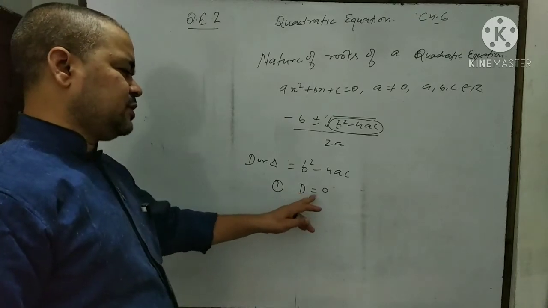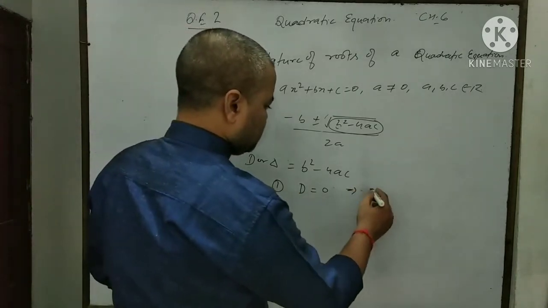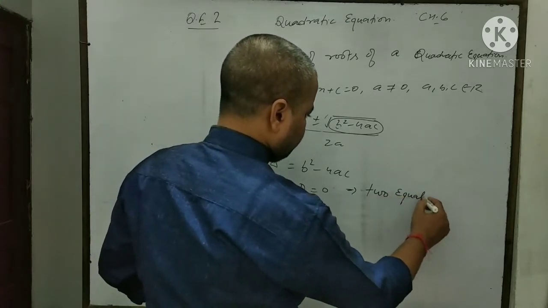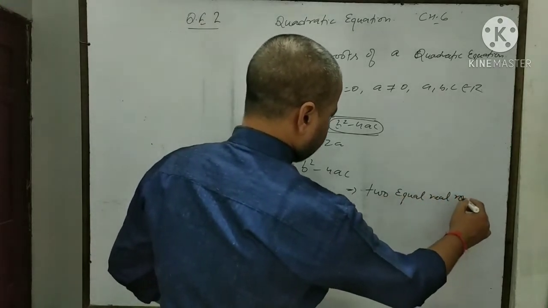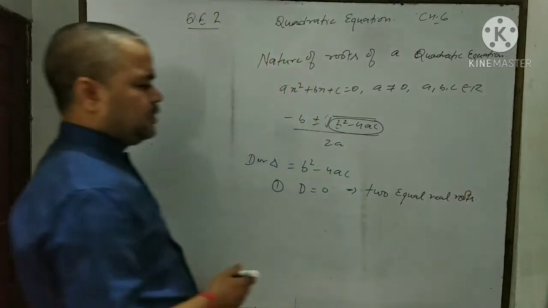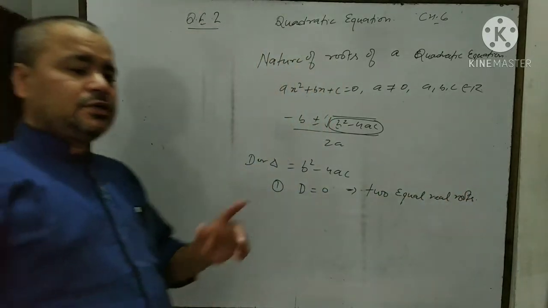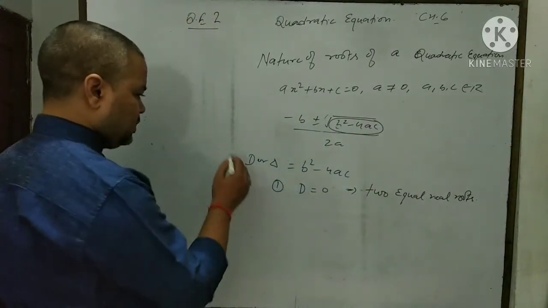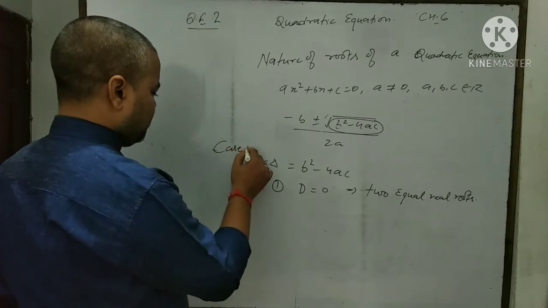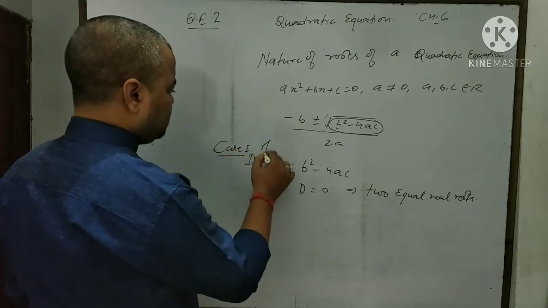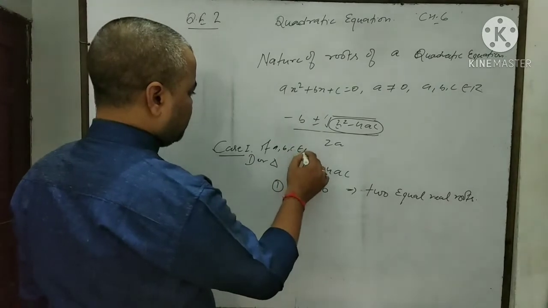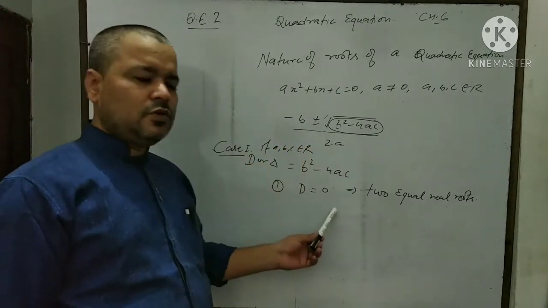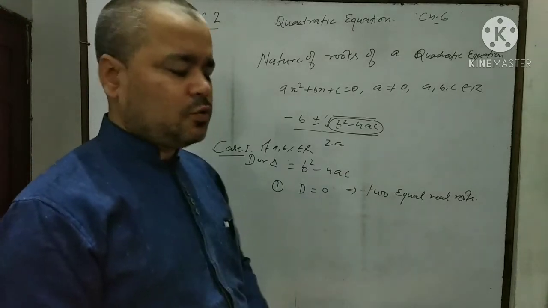It means when the value of discriminant is 0, it gives two equal real roots. This is the condition when a, b, c belong to real numbers. This is the first case: if a, b, c belong to real numbers and the value of discriminant is equal to 0, then it gives two equal real roots.